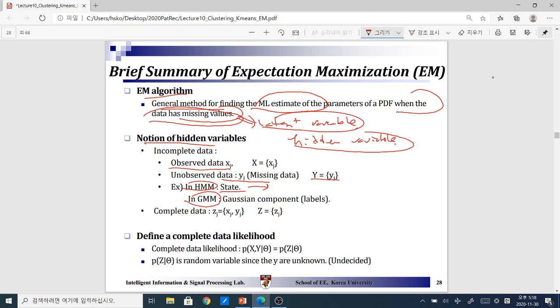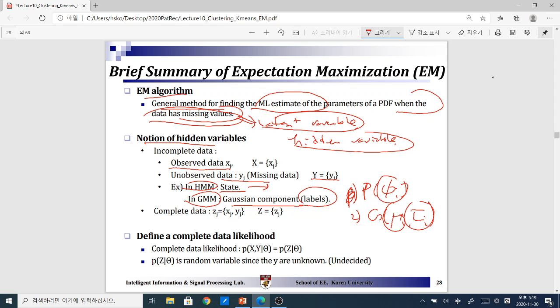In the case of the GMM, the Gaussian mixture model, it would be the Gaussian components. In other words, remember how each of the samples would be represented. It was done by having P of phi sub i, right? So this is one piece of hidden information, and then we have the mu as well as the covariance.